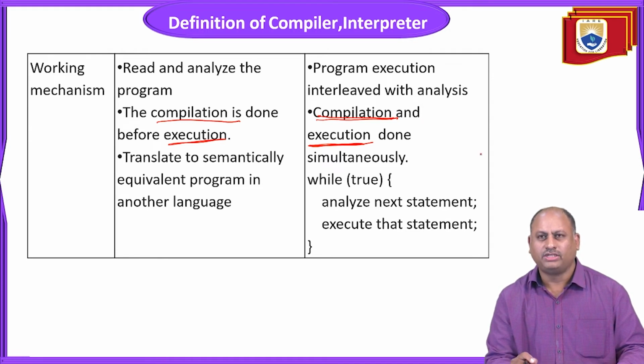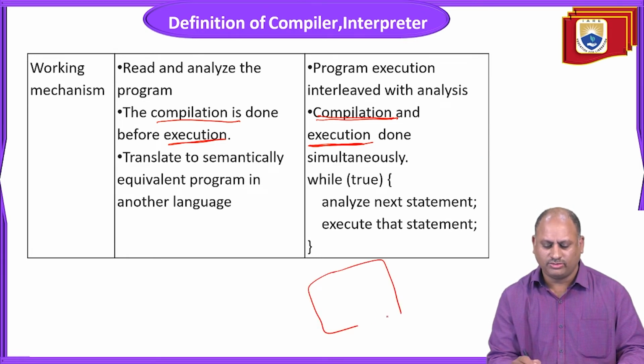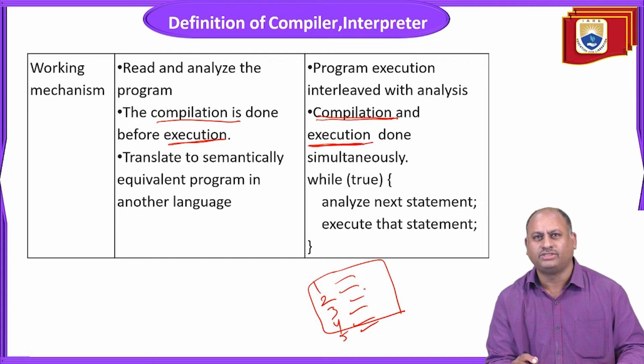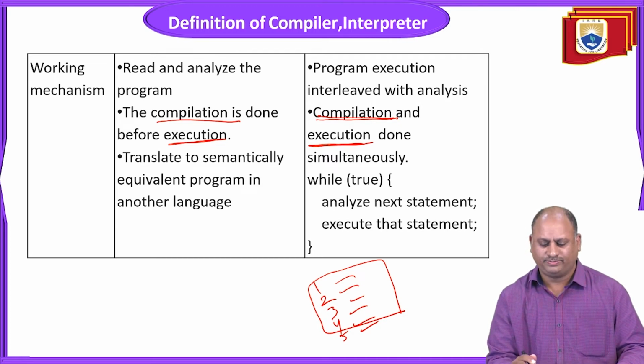Suppose, for example, there are five statements, 1 2 3 4 5, in the program written by the user in this programming language. Internally it works like a while condition: it analyzes the first statement, and errors are reported at the same time, and at the same time execution also takes place. So analyze and execute can both be bundled inside a loop.